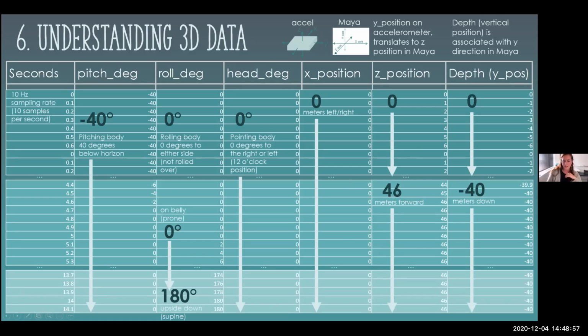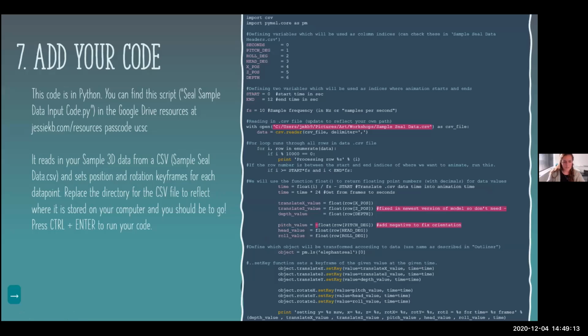And then just to make sure, again, our data is working correctly, I have it rolling from its prone position all the way to its supine position when it gets to the bottom at 40 meters. So let's see if that works for us. Based on the way that I saved my elephant seal file, I had to add a negative and also delete a negative here.